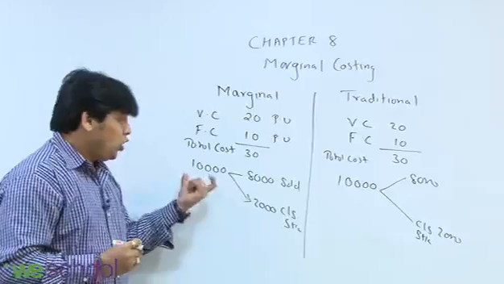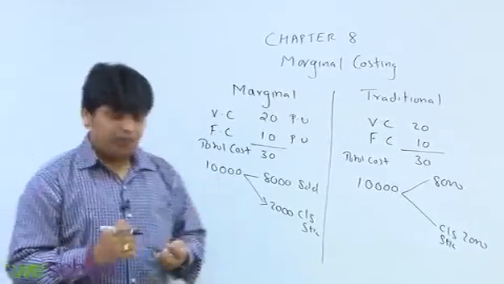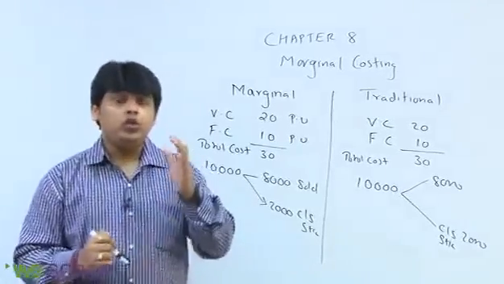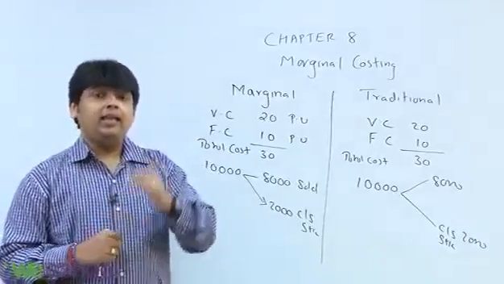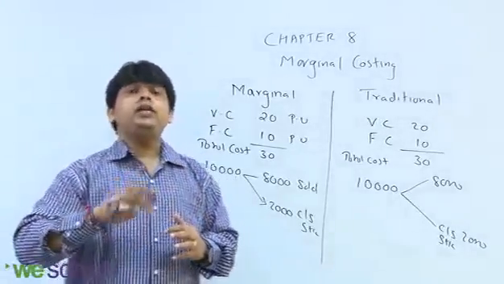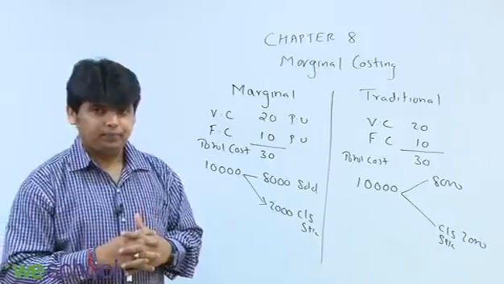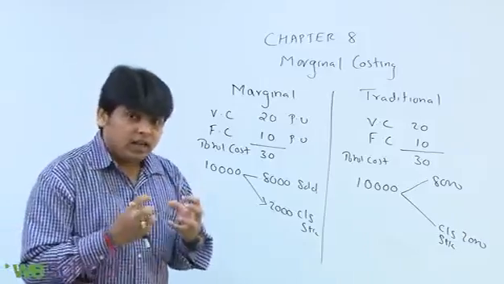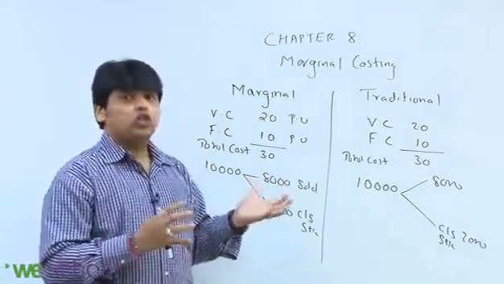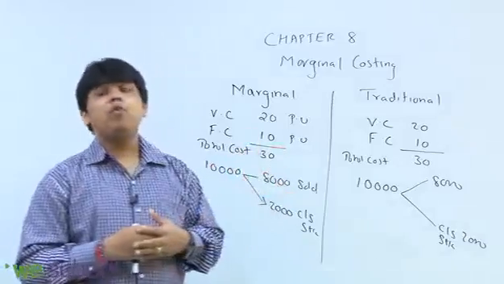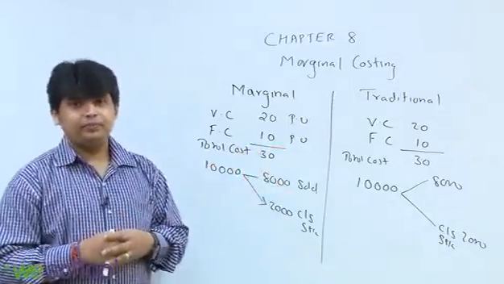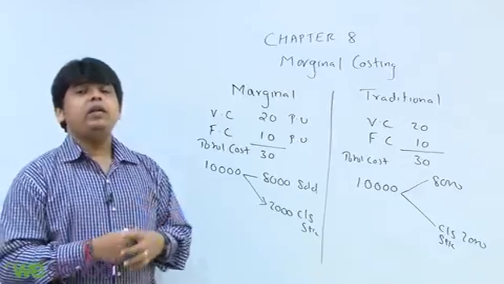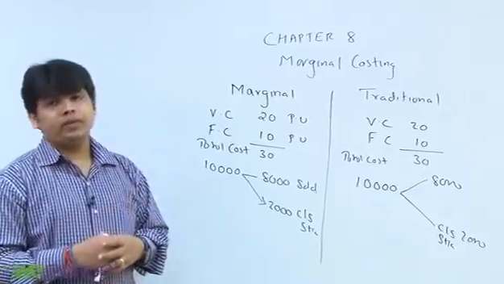Okay, so what was my question is, if units sold is less than the units produced, which company will show more profit?